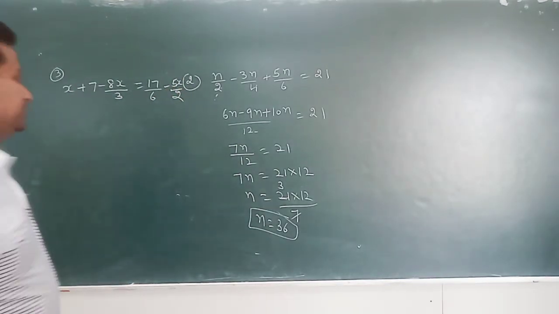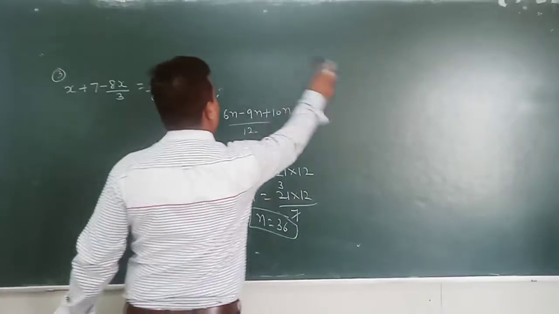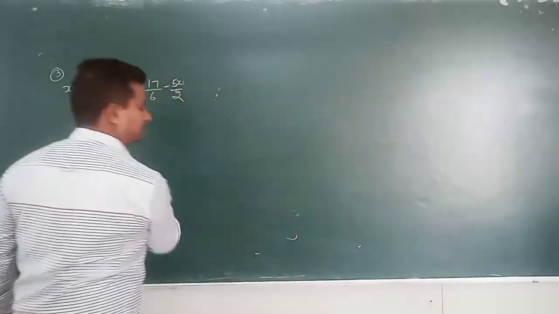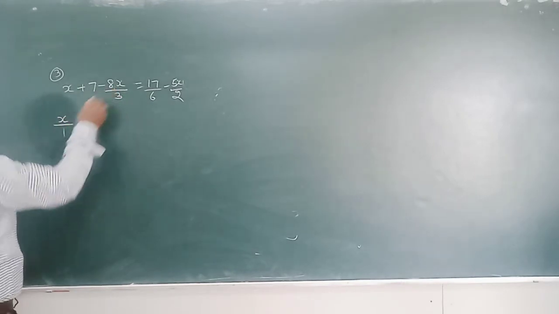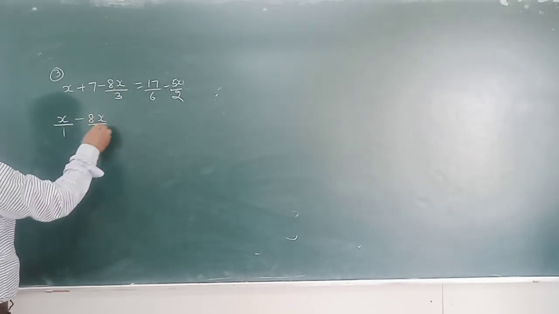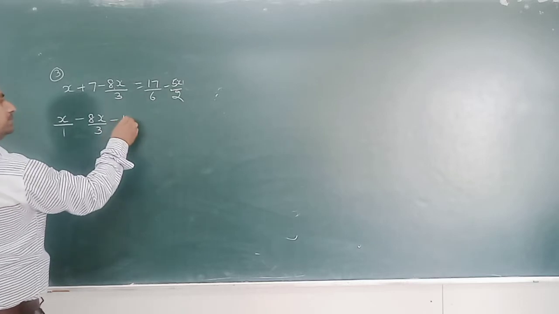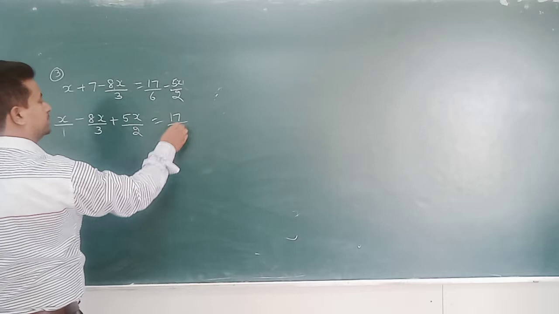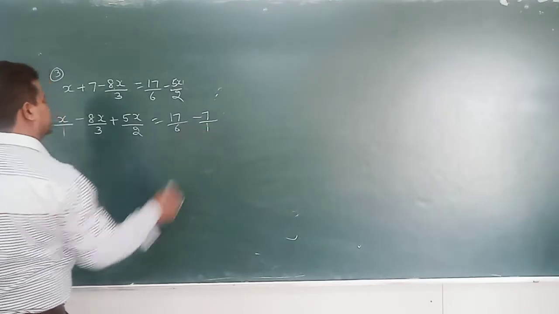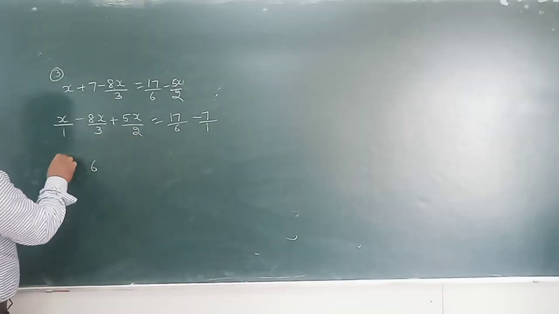So first take the terms involving x. This is x upon 1, this is 8x upon 3. Take this on the left hand side and constant 7 on the right hand side. So LCM of 2, 3 is 6.